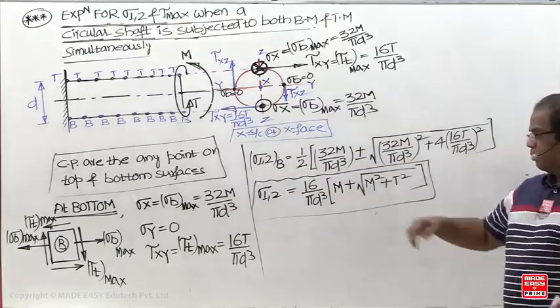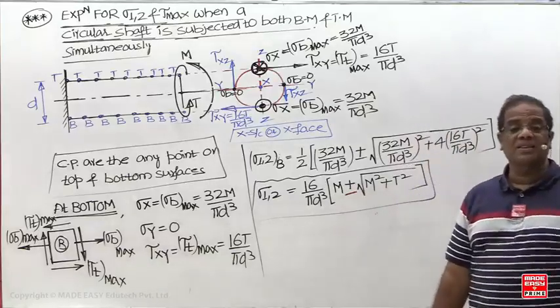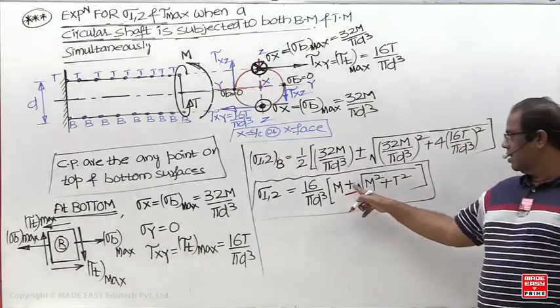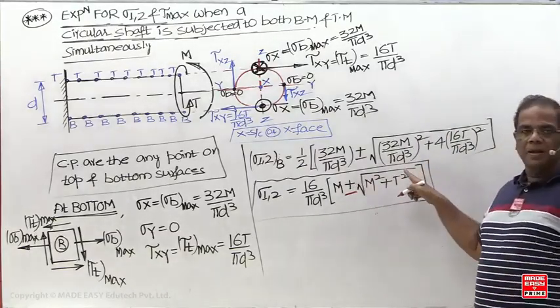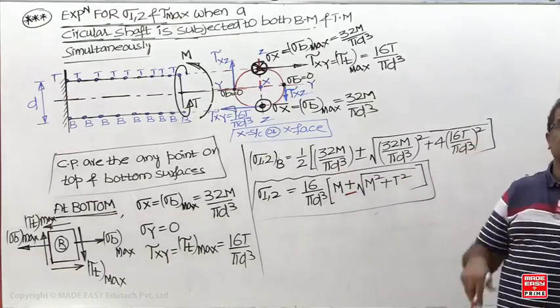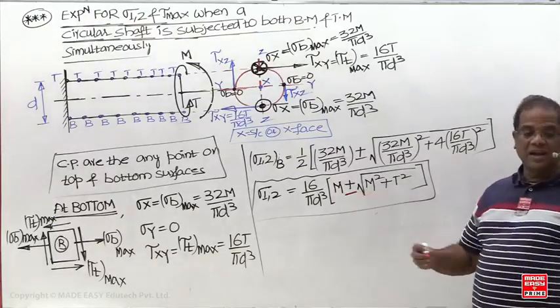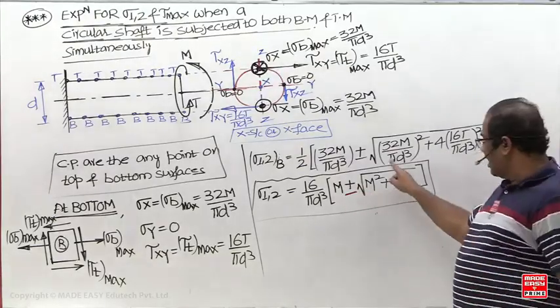Which sign gives sigma 1, plus or minus? The plus sign, because this value is more than m. By taking the plus sign I get the larger positive value, and by taking the negative sign I get a negative value. That is sigma 1, because this value is more than m.